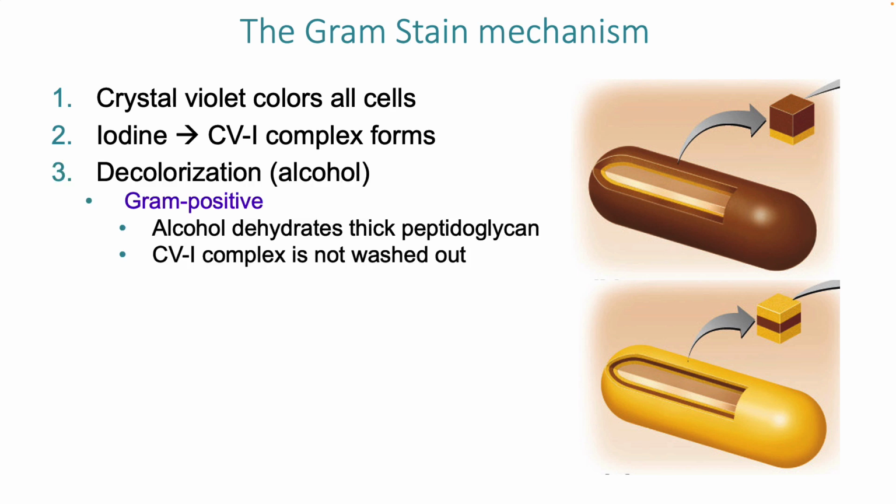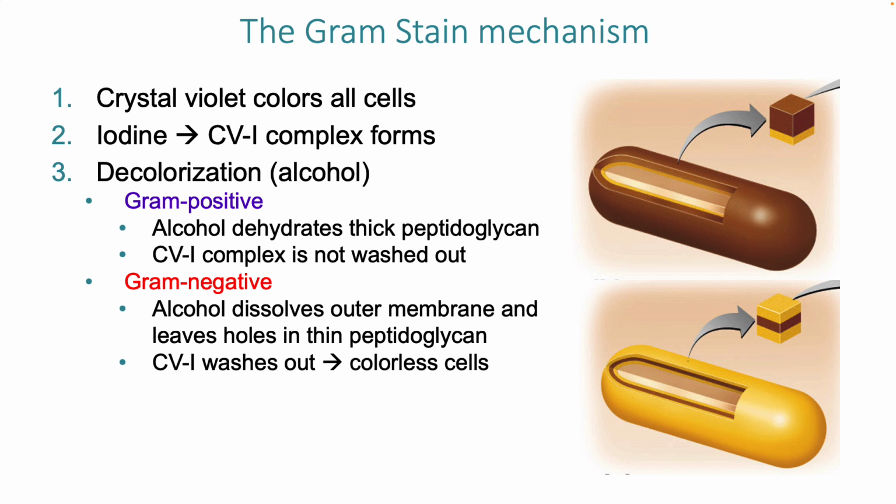Now what happens when you do that is that in gram-positive cells, in those with the thick peptidoglycan, the alcohol will dehydrate the peptidoglycan, and that traps that giant crystal violet iodine complex within the peptidoglycan. In gram-negative cells, because they have such a thin layer of peptidoglycan and they have that outer membrane, the alcohol actually starts to dissolve the outer membrane and make holes in the peptidoglycan.